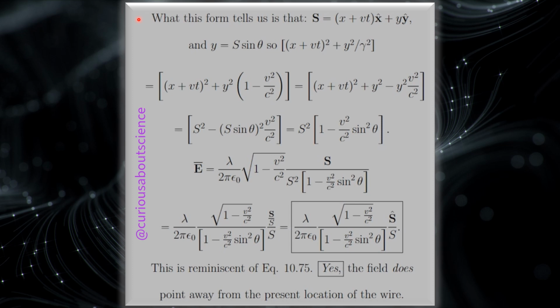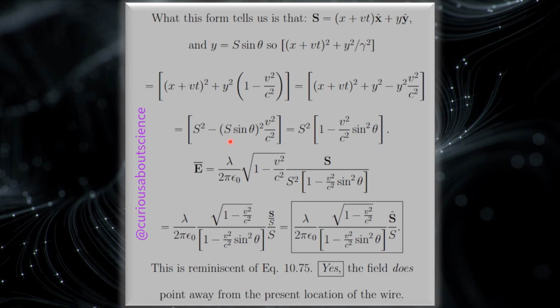Once we distribute the y in here, we get y squared by itself minus y squared times v squared over c squared. If we do that, this term here, without the minus sign, gives us the s squared that we're looking for. But the y squared times v squared over c squared just gives us the s sine term. That's what we need to square.